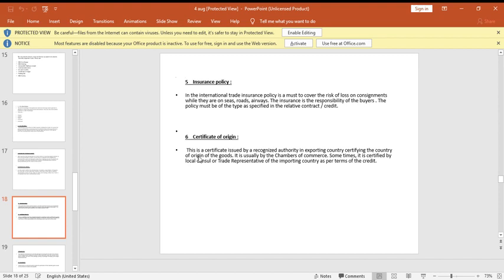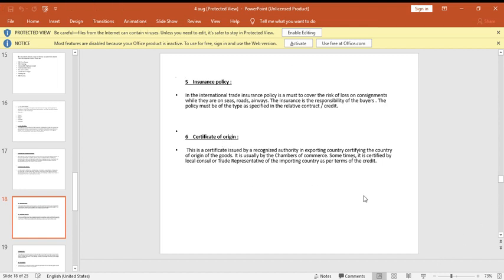It is a must to cover the risk or loss of consignments, whether they are in transport through seas, roads, or airways. The insurance is the responsibility of the buyers. The policy must be of the type specified in the relative contract or credit.